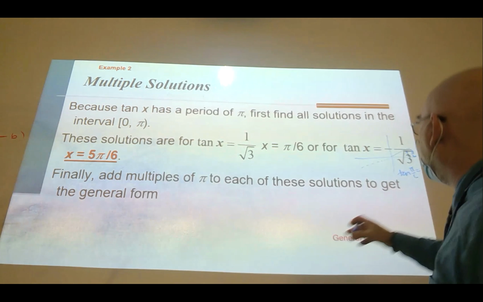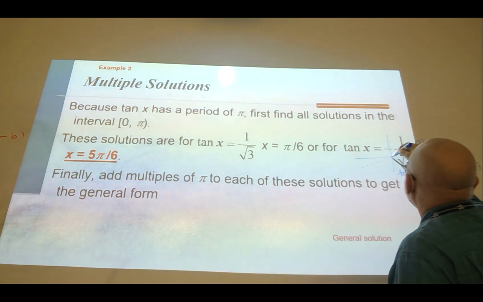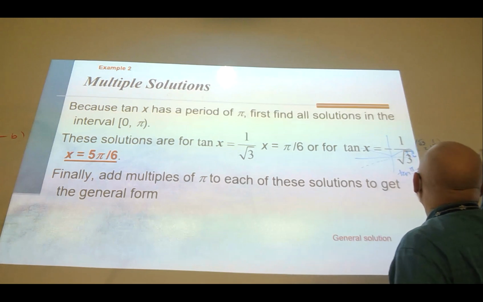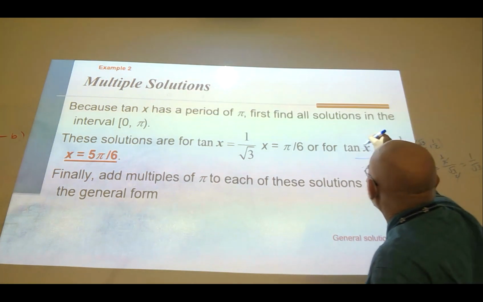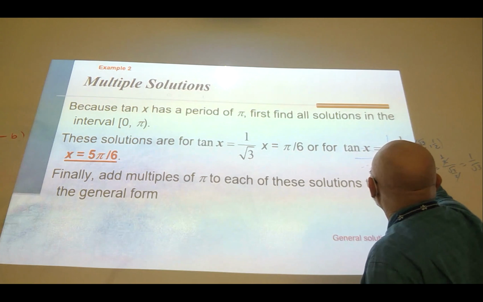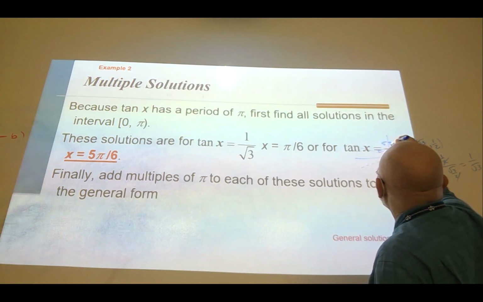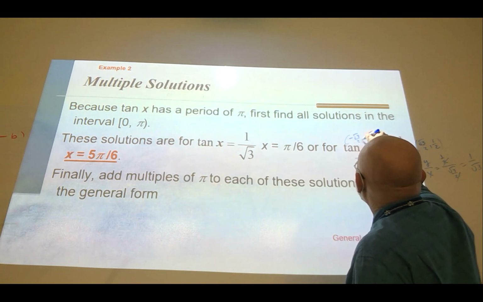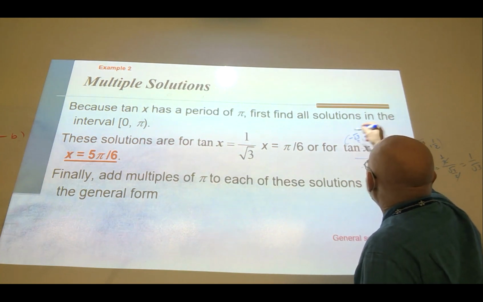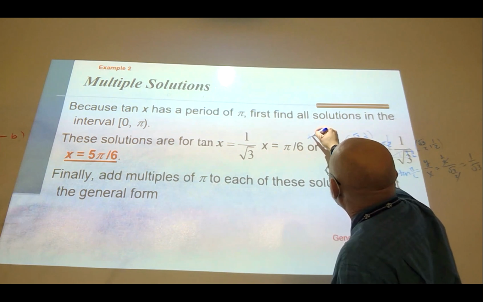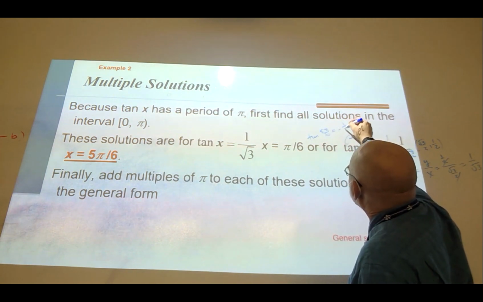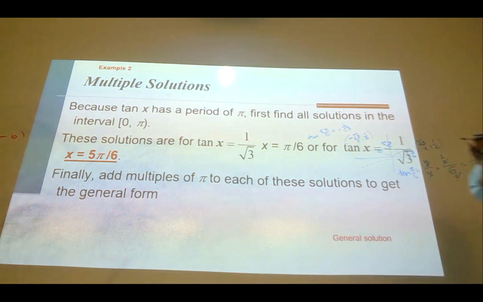The tangent equals negative 1 over square root of 3 at 5 pi over 6, because I have negative square root of 3 over 2 and 1/2. So my tangent of 5 pi over 6 equals negative 1 over square root of 3.